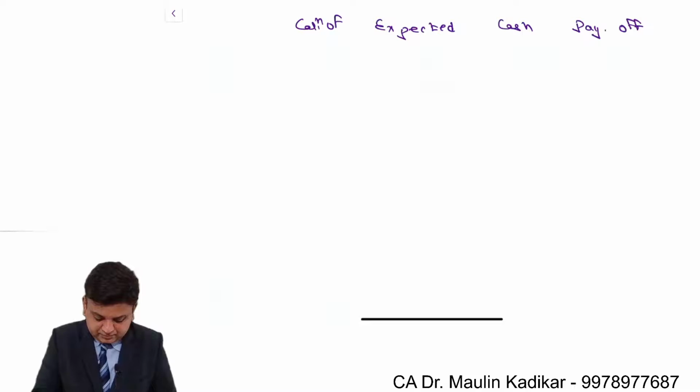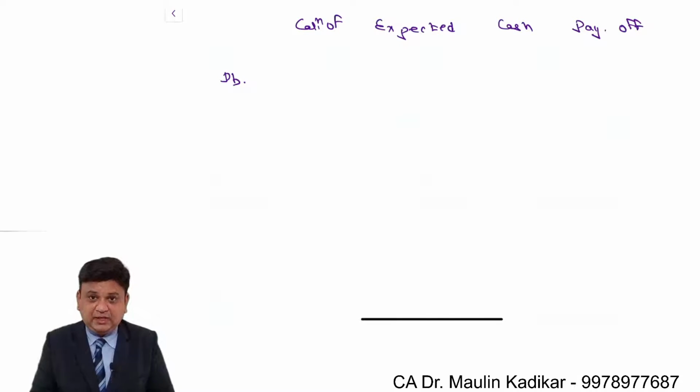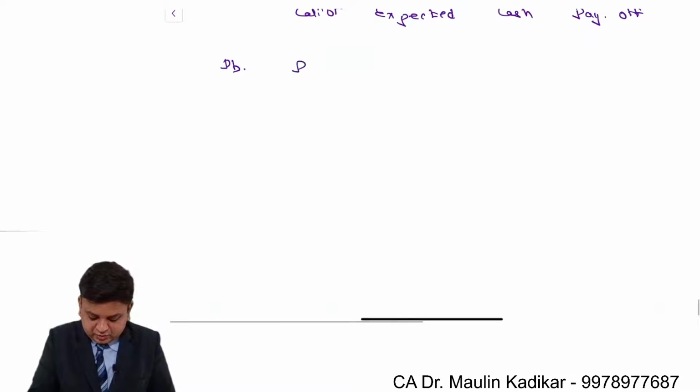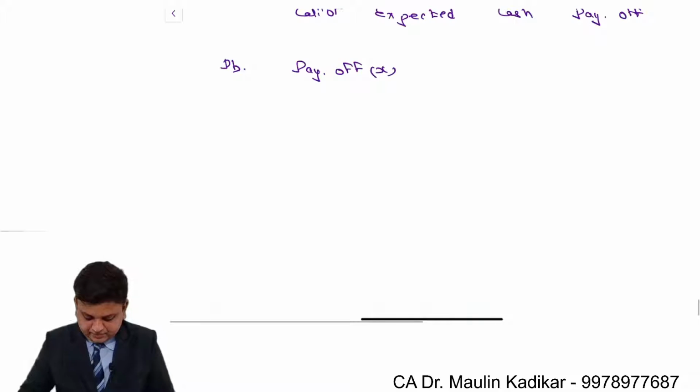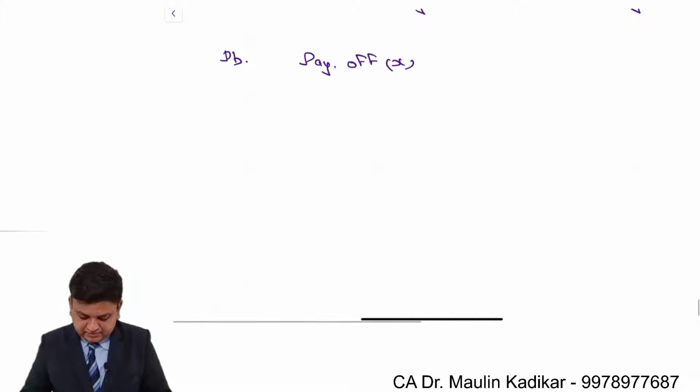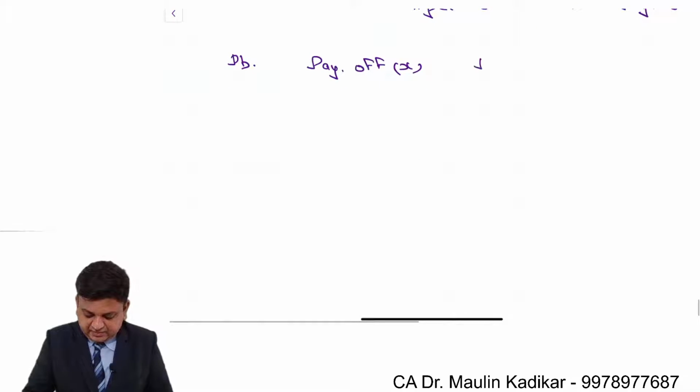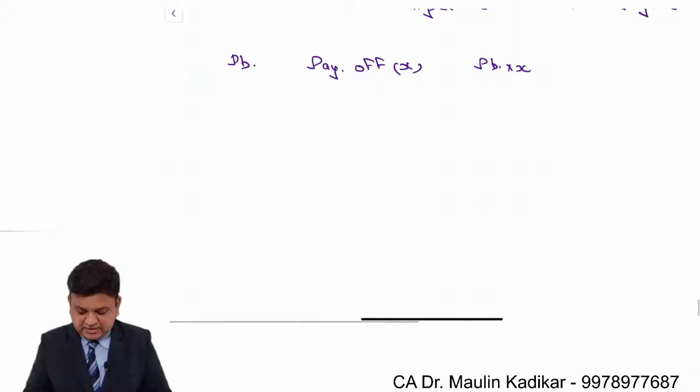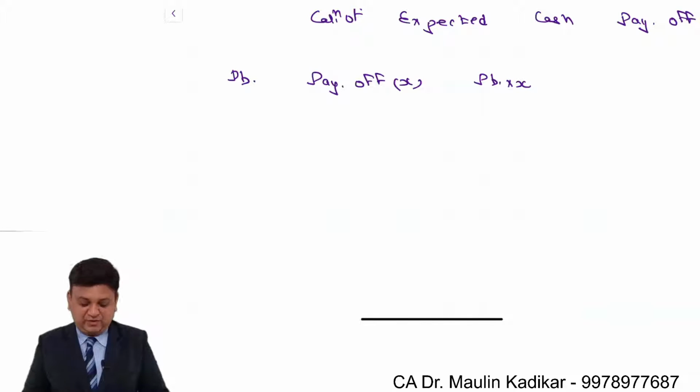Column number 1 is probability, column number 2 is payoff, assigning x variable to it, then probability into x. That is the way the expected payoff can be found.